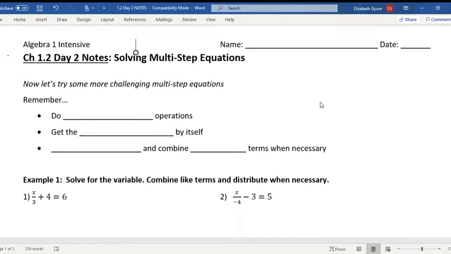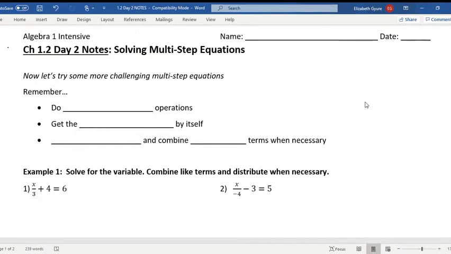So, couple things. We are going to look at some more challenging multi-step equations. Remember, there's a few things we need to keep in mind when we solve equations. First, we need to do opposite operations, that's when we have fractions, when we're dividing fractions. We need to get the variable by itself.